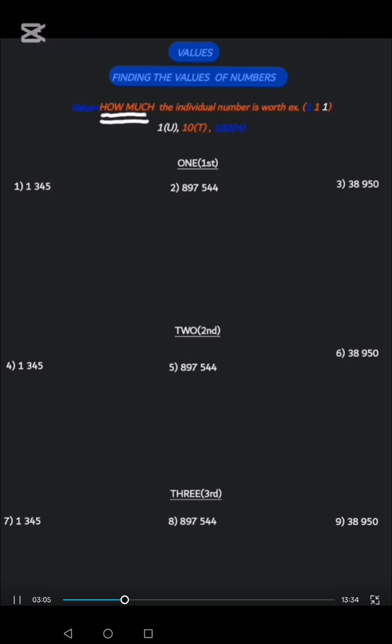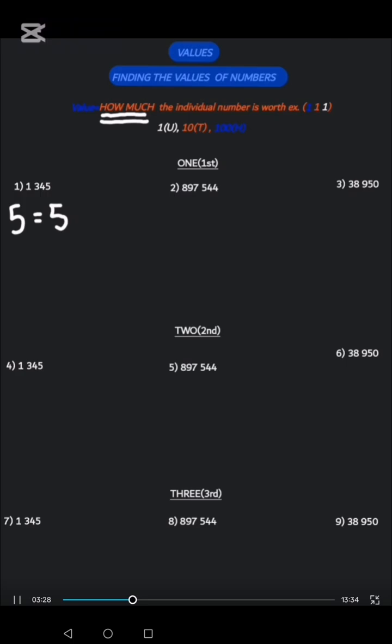We write 5 down and say 5 is going to equal 5. Why? Because there is no other number behind 5, so 5 will stay the same, since there's no other number that we can change into zeros.